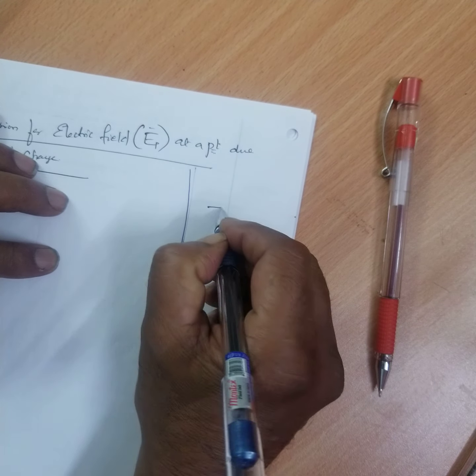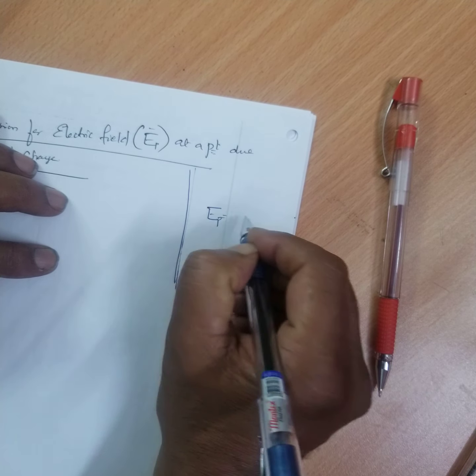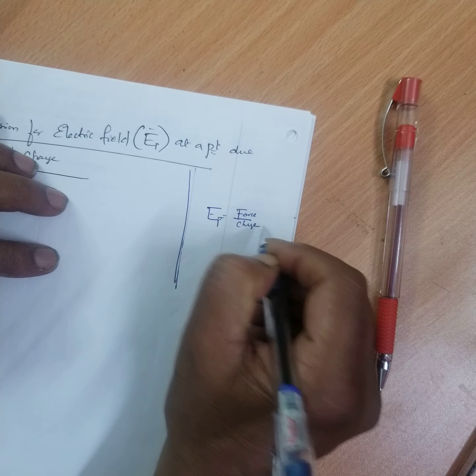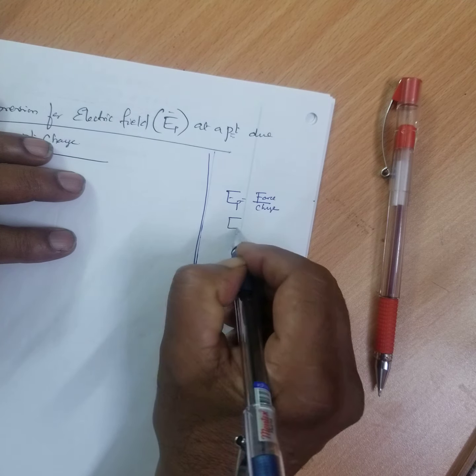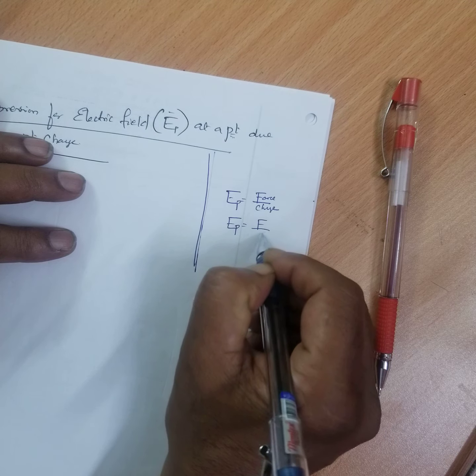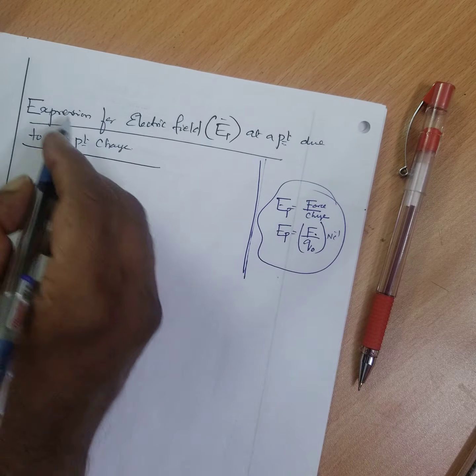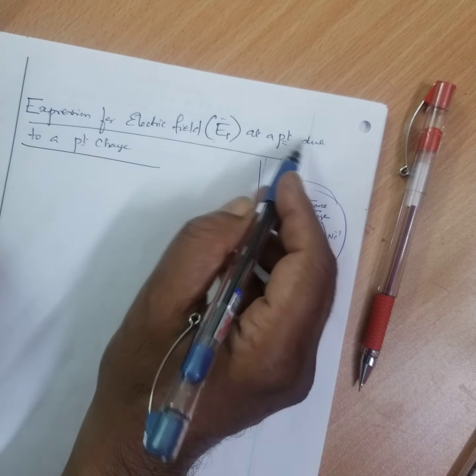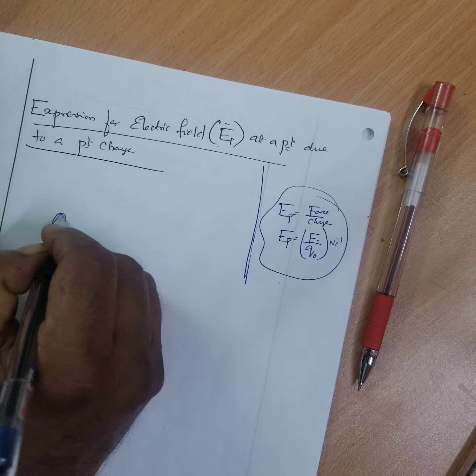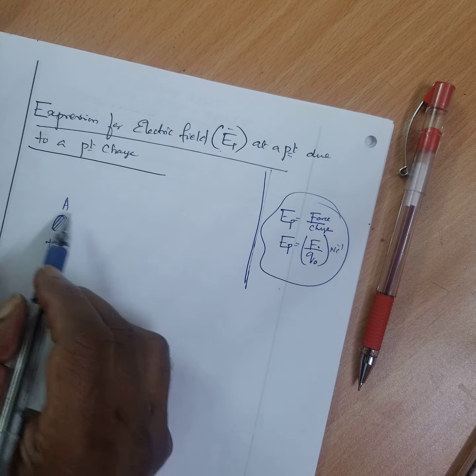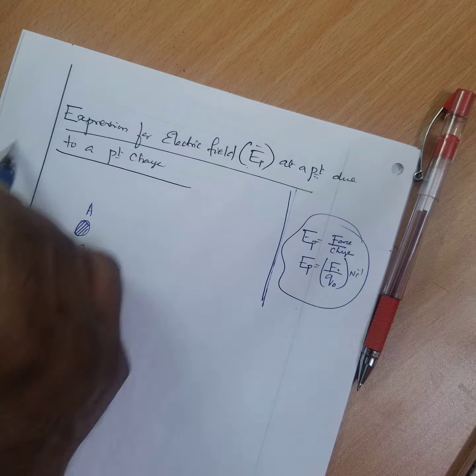Remember, electric field at a point is equal to force per unit charge. Right? This is Newton per Coulomb. See, expression for the electric field at a point due to a point charge. Consider a point charge Q at A. Right? It creates an electric field around it.